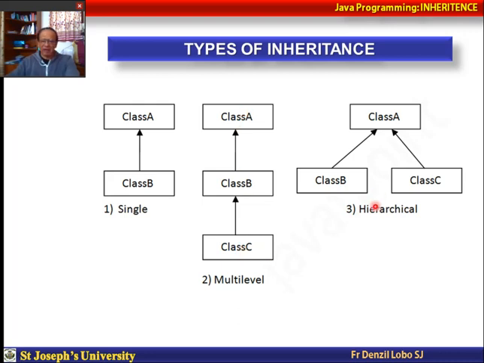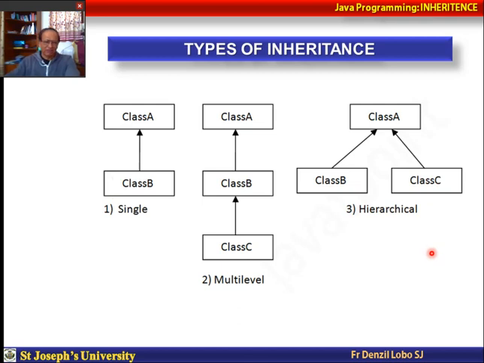Here you have hierarchical inheritance. B is inheriting the fields and methods of class A, and C is inheriting the fields and methods of A, but C is not inheriting from B, and B is not inheriting any field or method from C. So there are three types of inheritance: single inheritance, multi-level inheritance, and hierarchical inheritance.